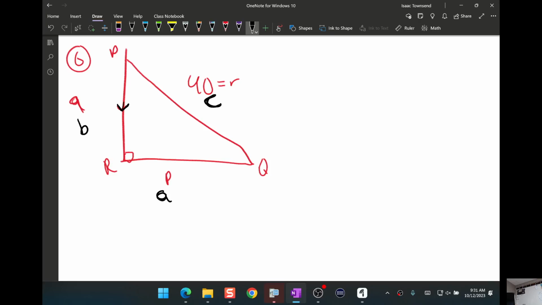So this would be A. What I'm calling A is RQ. At the instant when Q is moving along the ground 3/4 as fast as P is moving down the wall. Okay, well, if we're talking about side lengths and the rate of change of side lengths, my best guess is that this is probably Pythagorean theorem.